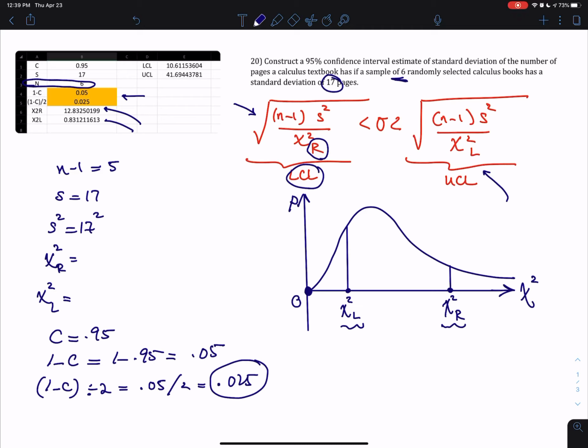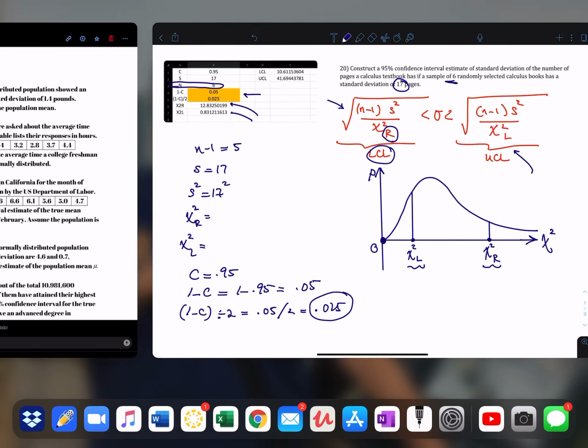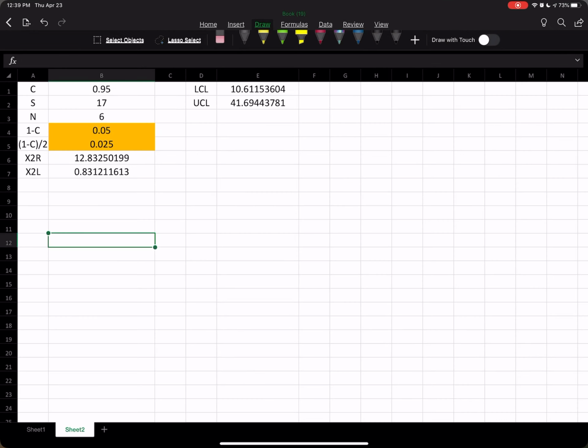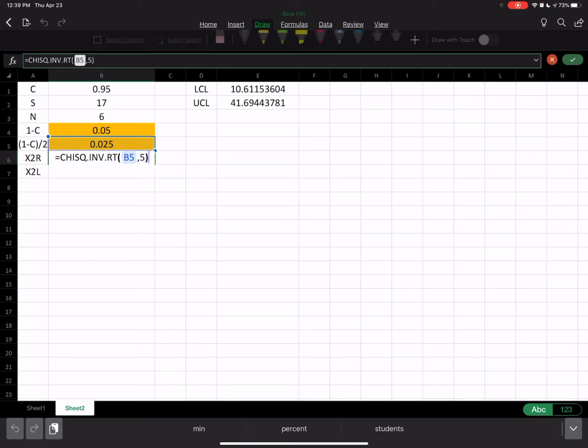Okay, I want to continue showing you this on a spreadsheet, because that's the best way to see it. So let me switch my view back to a spreadsheet. There's my spreadsheet, and here you notice chi-square, and if I double click on it, I'm typing chi-square dot inverse dot right tail of B5, where B5 is 0.025.